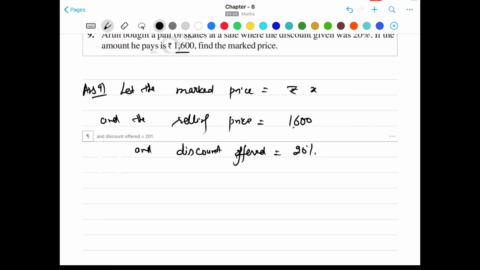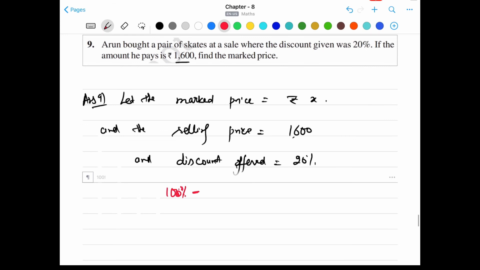Now see this one, there will be a marked price which is x, and we know the marked price is always 100%. Considering that 100%, on this marked price Arun is having a discount of 20%, so the selling price will be 80% of the marked price, and that amount is 1,600. Why have I written this 80%?